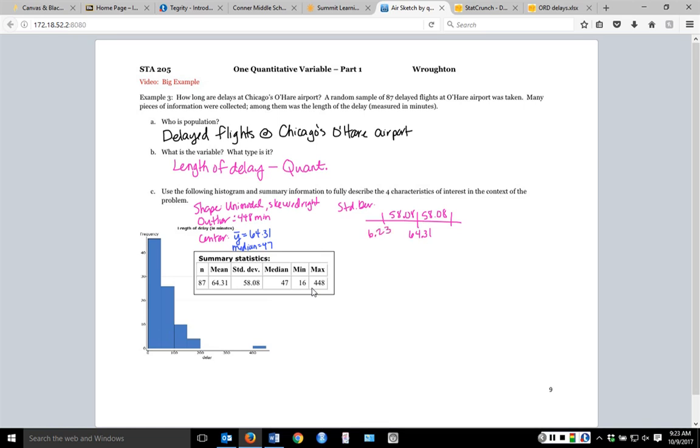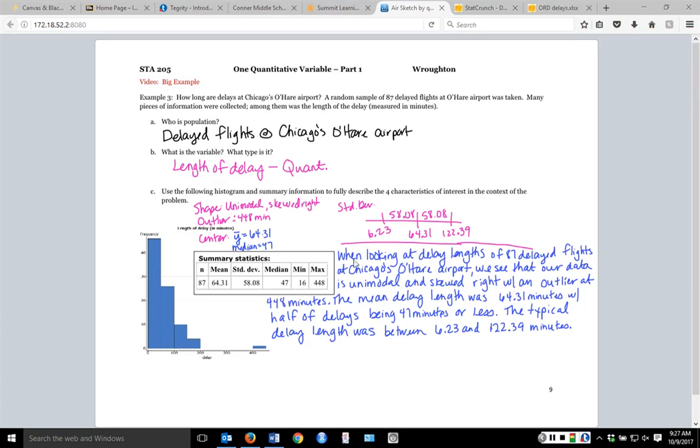So we subtract it and we add it. Now I have all my information that I'm going to need to put in my paragraph here. So you can go ahead and probably pause it here if you'd like to and try to actually write that little paragraph on your own, and then unpause and see if it matches mine.